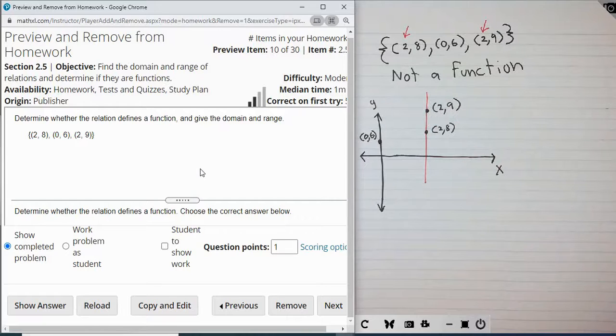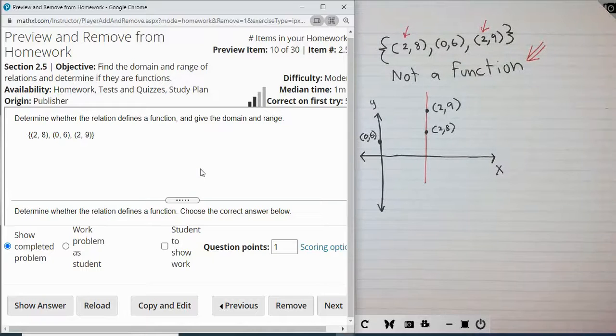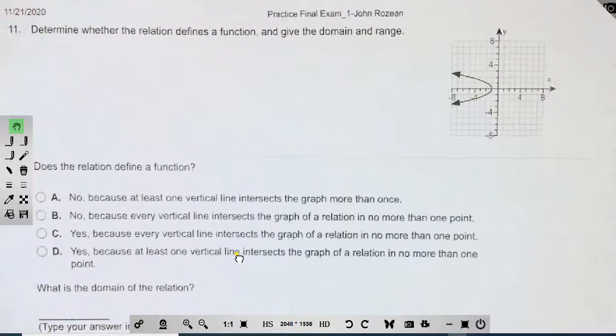So this further emphasizes that this is not a function. There are a couple of ways you can look at it.